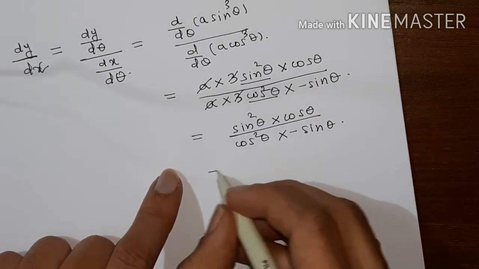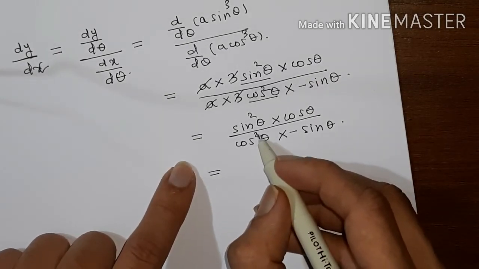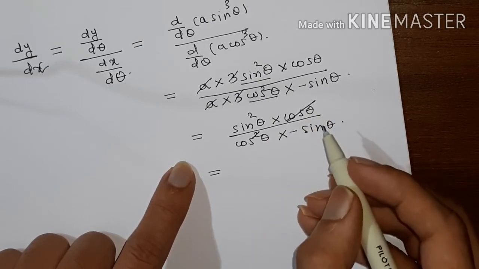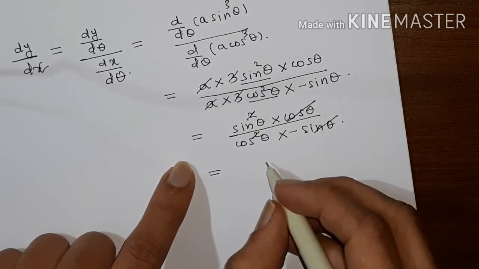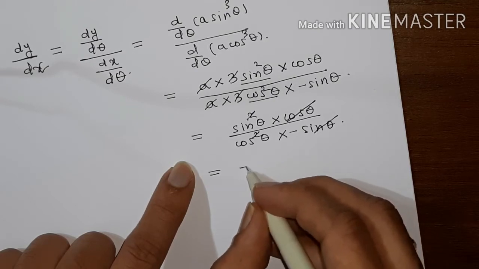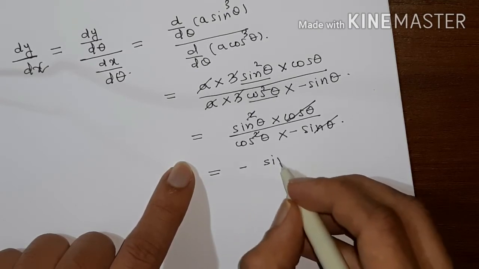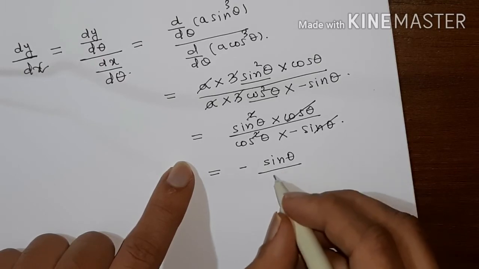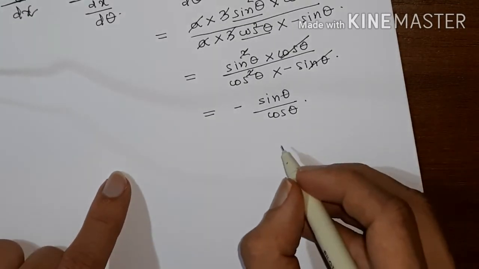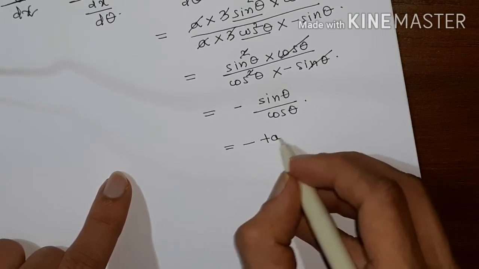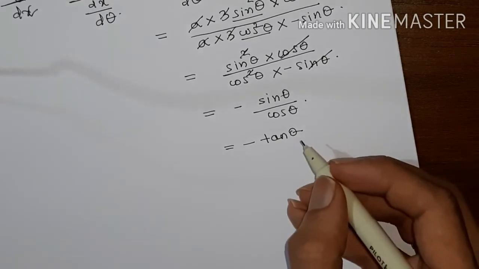Now here, one cos will get cancelled and one sine will get cancelled. So what will remain is minus sine theta divided by cos theta, which is nothing but minus tan theta.